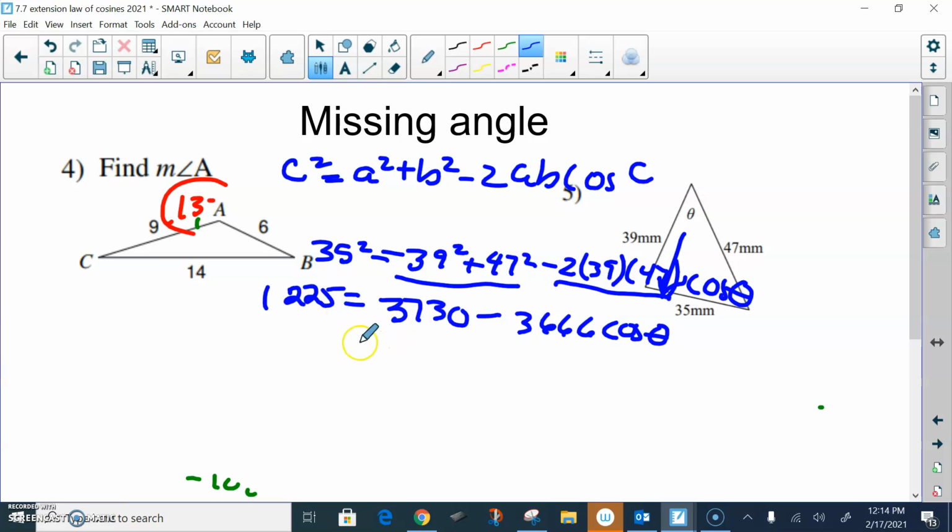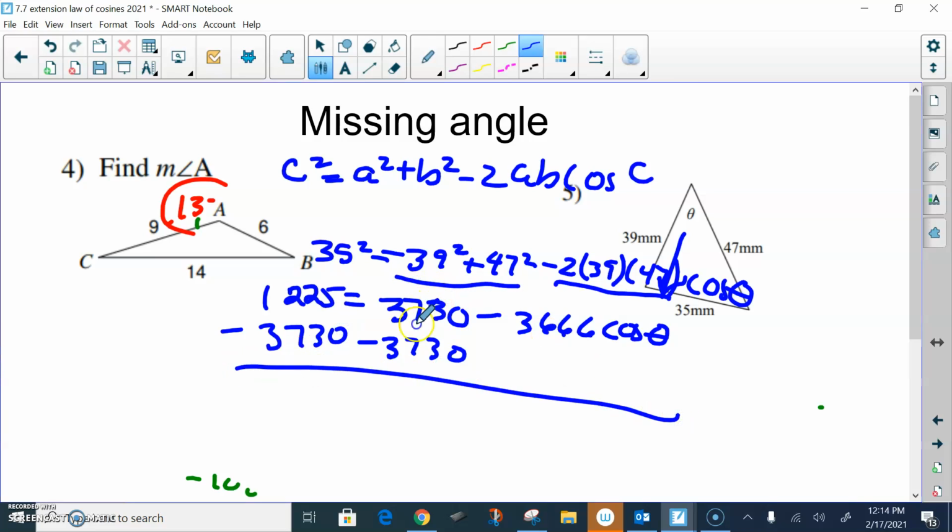All right, we're going to subtract this 3730 from each side. 1225 minus 3730 gives me negative 2505 equals negative 3666 cosine of theta.